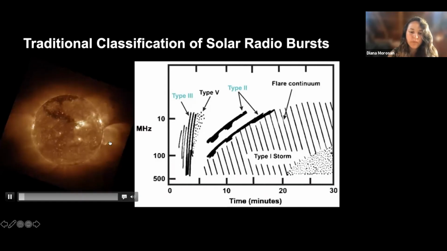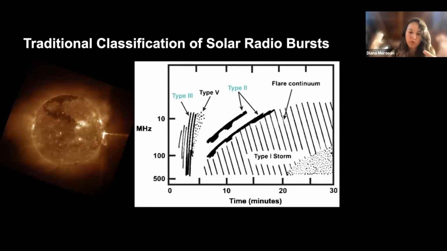Now, we have our flare release of electromagnetic radiation, but then the CME can erupt. And accompanying these CMEs are these sloped lines, and they look something like this in dynamic spectra, and they're called type 2 radio bursts. And also, most likely accompanying the CME and the flare, we can get fuzzy emission covering a wide frequency band.